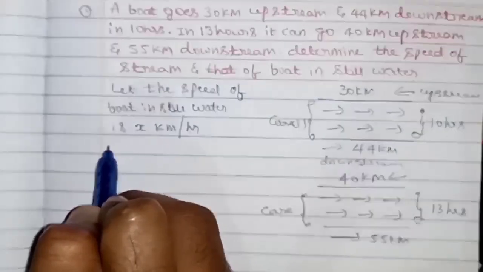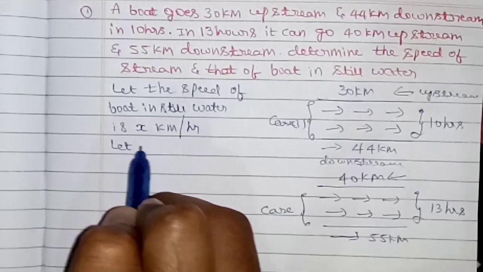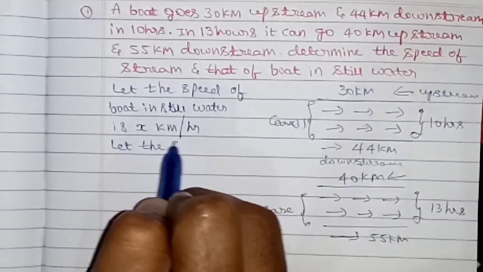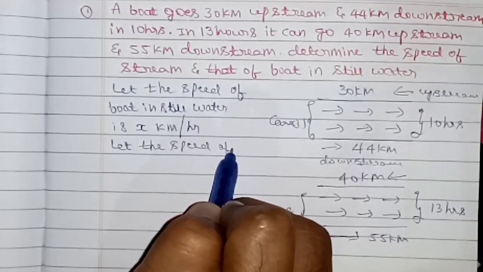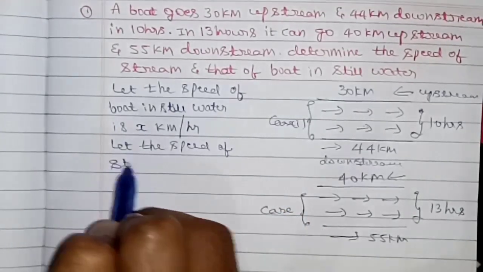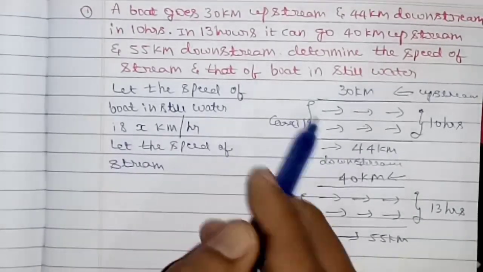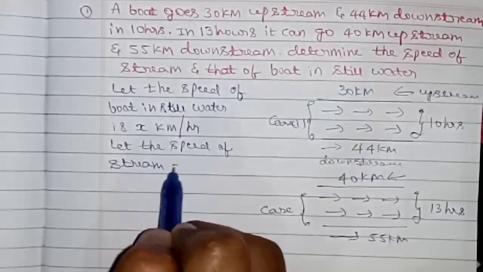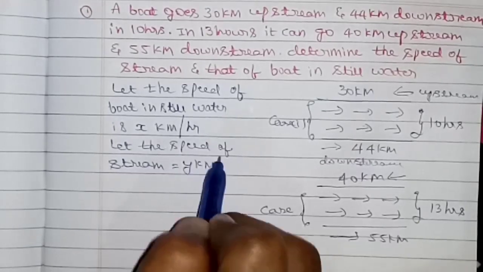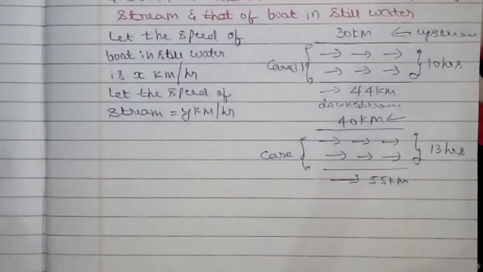Now let me take the other one. Let the speed of the stream, nothing but the rate of speed of the water flow, be y kilometer per hour. Right, children?